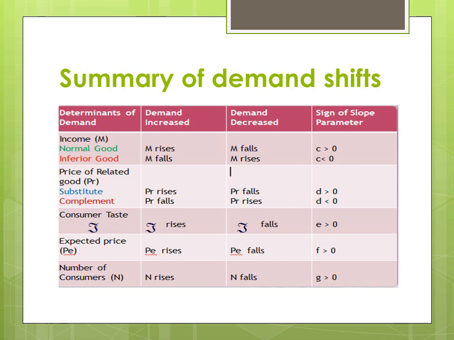So here the relationship between price and complement goods is negative, and D, the slope of the parameter, is less than or equal to 0.